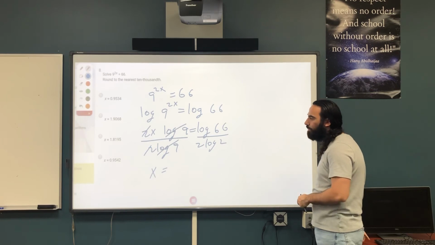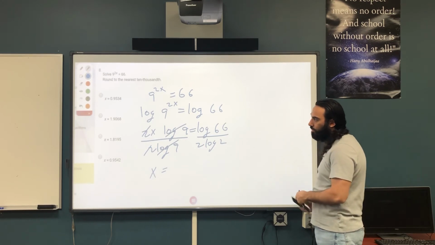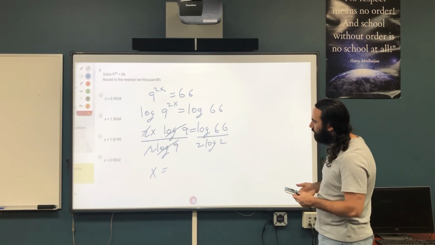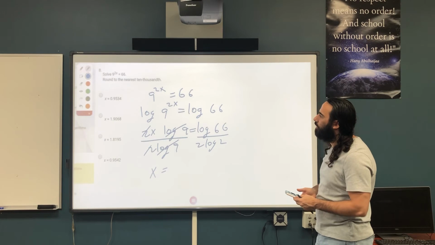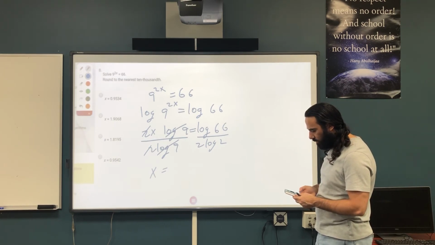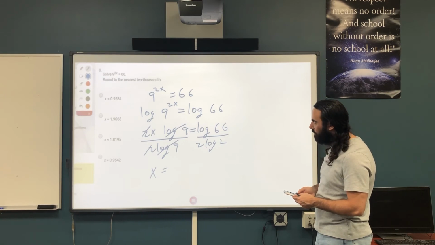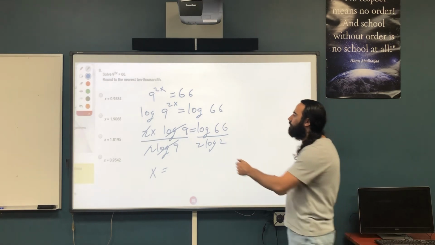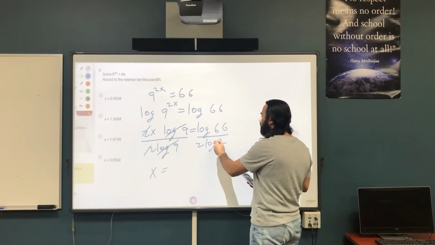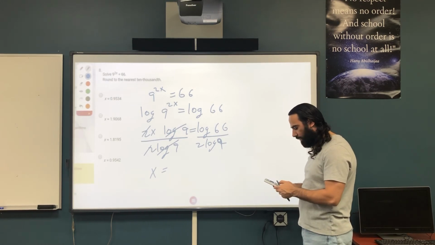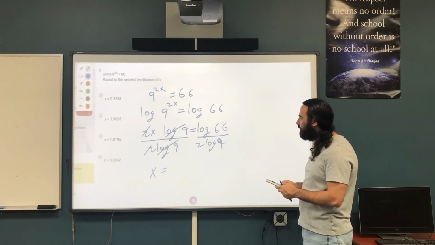It's not 2 log 2, it's 2 log 9, sorry. So x equals log 66 divided by 2 log 9.